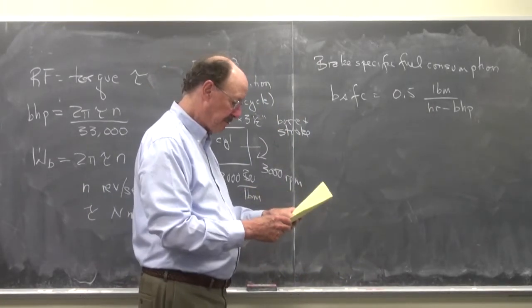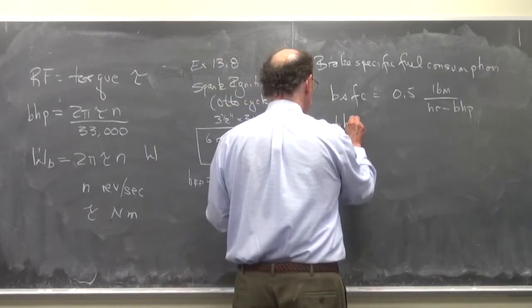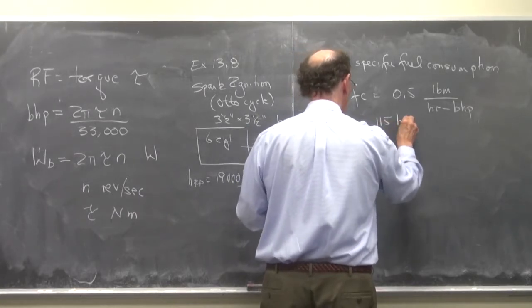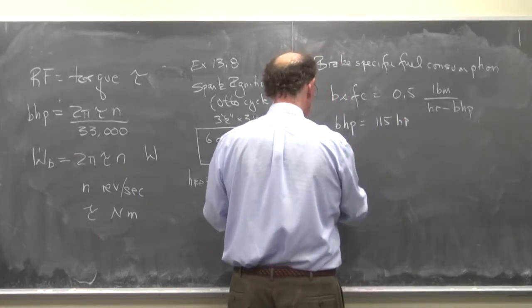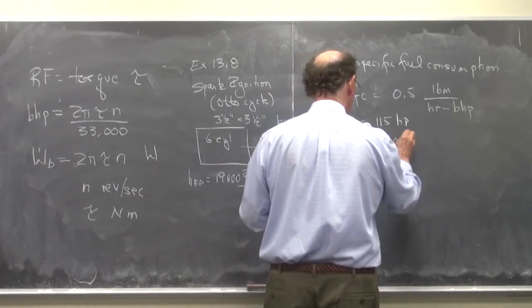And we're given as well that the BHP is 115 horsepower. The IHP is equal to 140 horsepower.